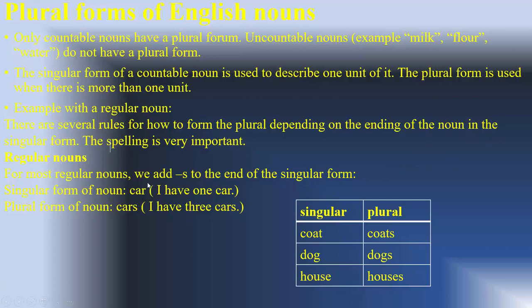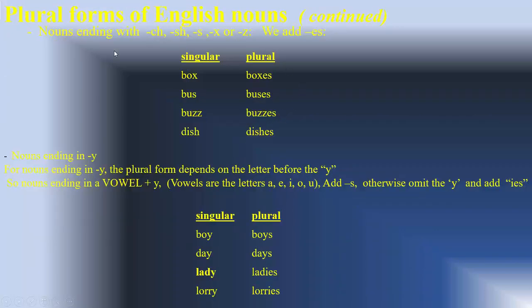Let's see. We add s to the end of the singular noun. I have 1 car. I have 3 cars. This is the easiest one. Coat, coats, dog, dogs, house, houses. Now, if a word ends with x, we can't say boxs by directly putting s.